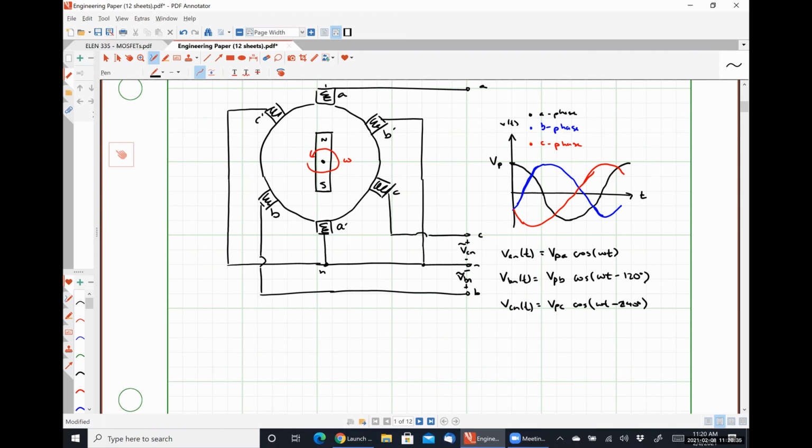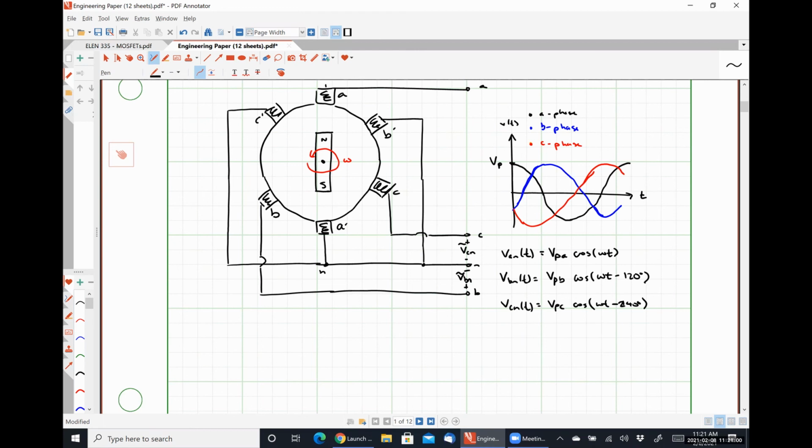So this is a terrible drawing of a very simple three-phase generator. We're spinning a magnet, and as the magnetic flux through each phase hits its maximum, we see that our output voltage hits its maximum. So we're able to generate voltages that have the same magnitude but are exactly 120 degrees out of phase with each other.